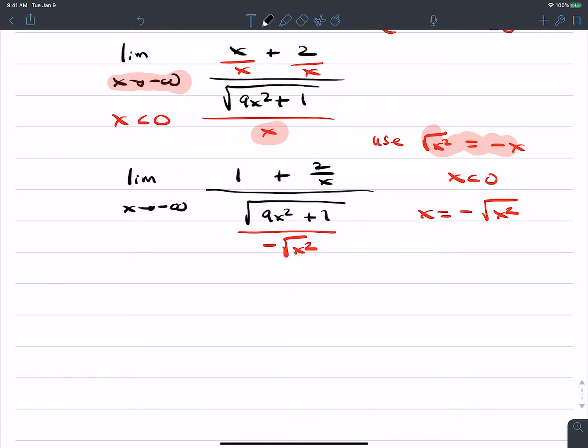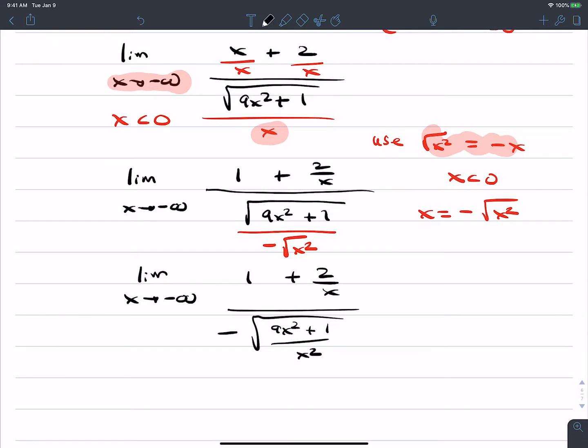So you get now the limit still, x going to minus infinity, 1 plus 2 over x, and now this is going to be over minus the square root of 9x squared plus 1, everything over that x squared, right? So you just pulled out that minus sign that's here, and you leave it there.